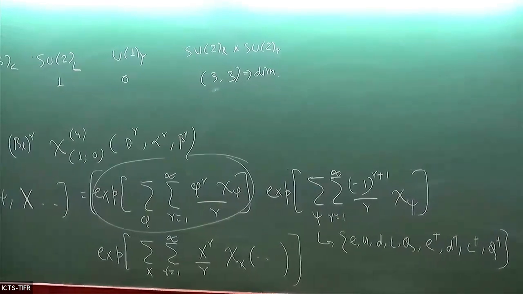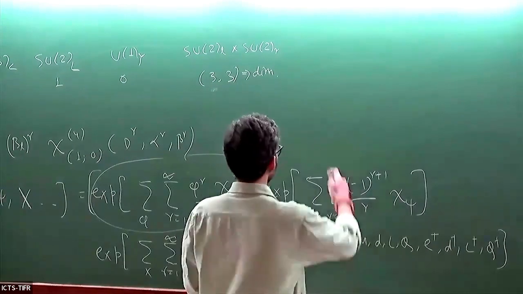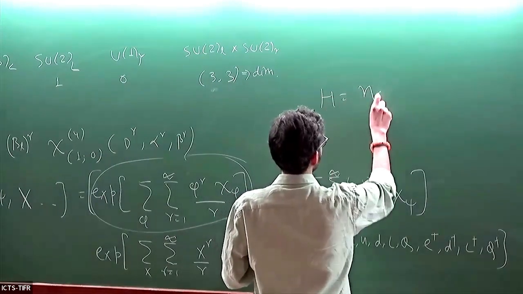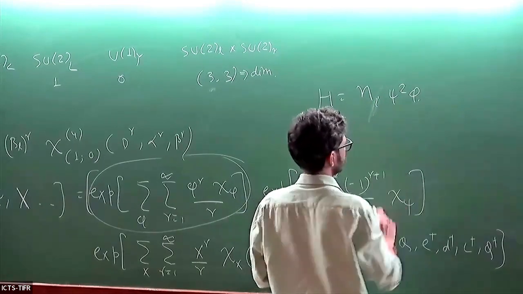So in the Hilbert series, when you get the invariant polynomial, that invariant polynomial will contain some quantity, let's say psi square phi.